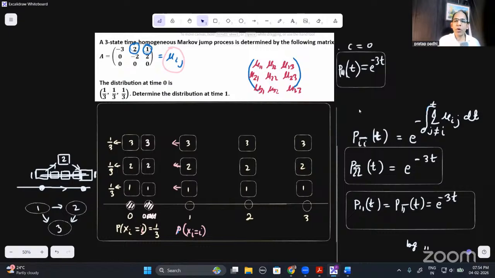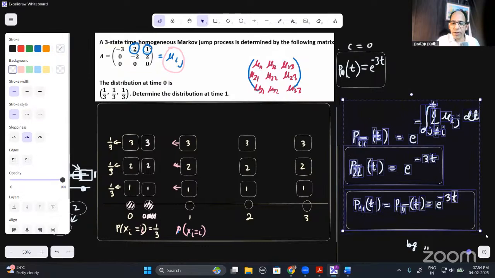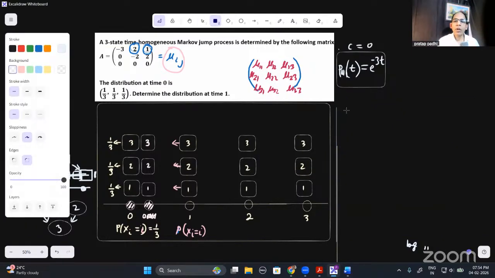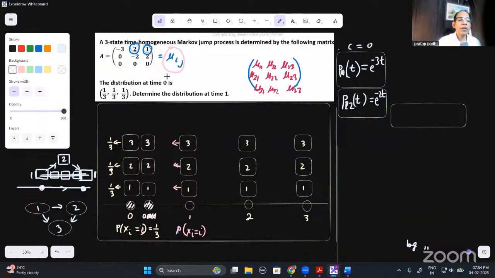Let me write all here. So at least I'm able to get the diagonal ones. These three I got by now. 0 plus 2, you will get this only. How about P33(t), 3 to 3? You will get 1. You can check it. These three I got.